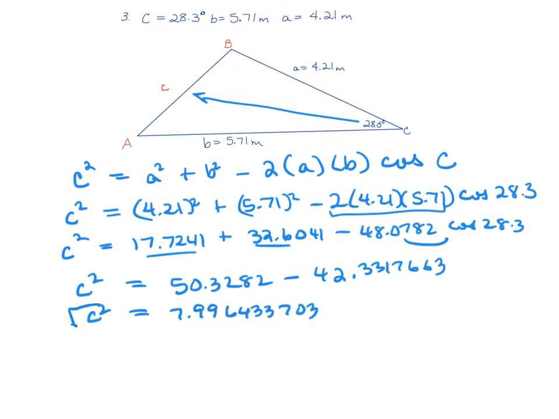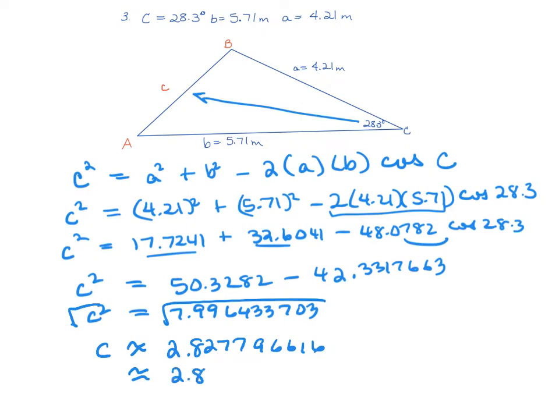I'm going to square root both sides, and C is approximately equal to 2.827796616. Let's round it to the hundreds place, so 2.83 meters.